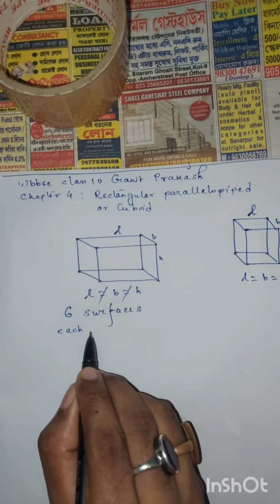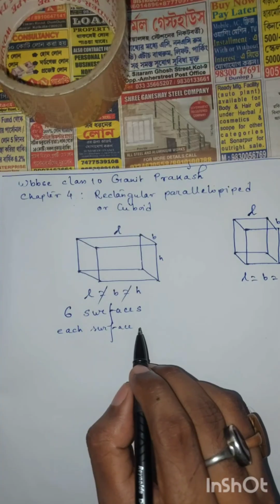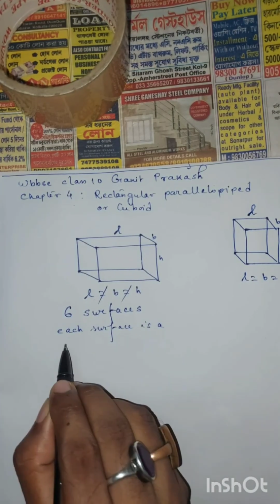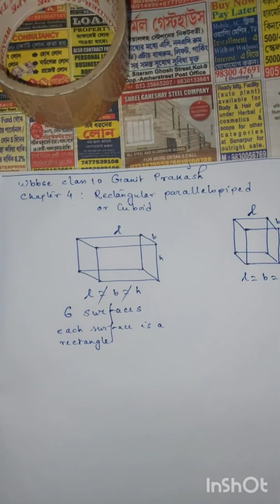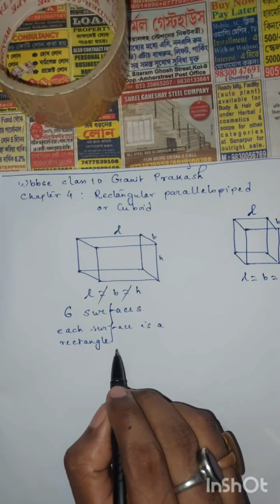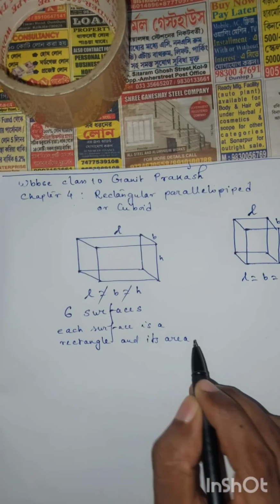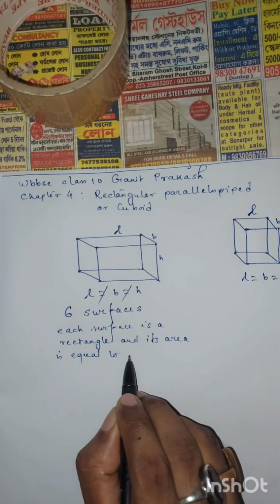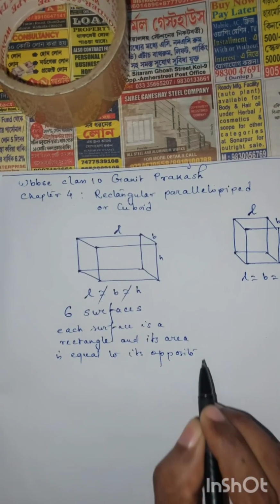Each surface is a rectangle and its area is equal to its opposite surface.